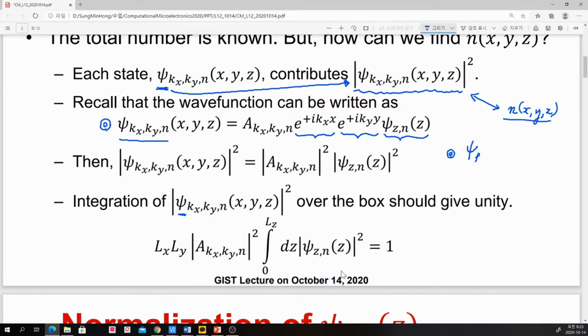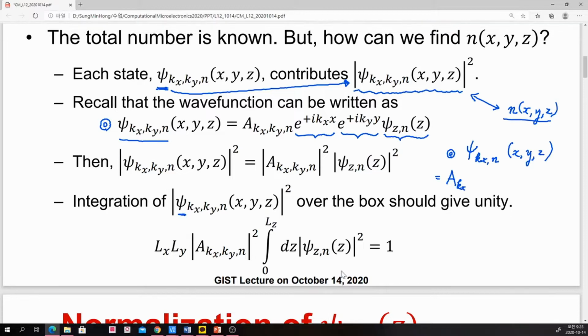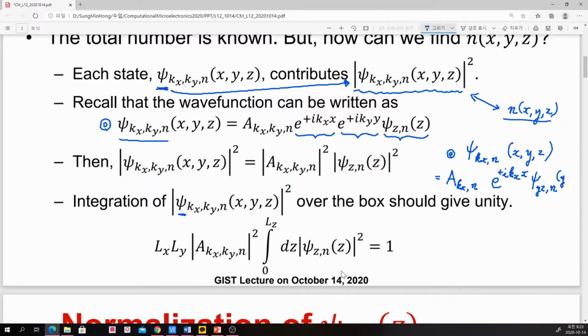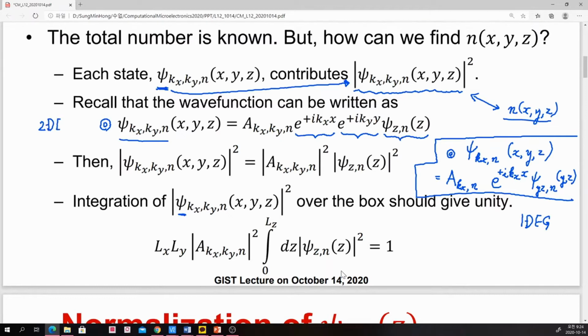It will be a function of x, y, z, with another leading coefficient, and we'll have just e to the i k_x x and a confined structure in y and z, with a certain quantum number n that will be a function of y and z. This is 2D electron gas.